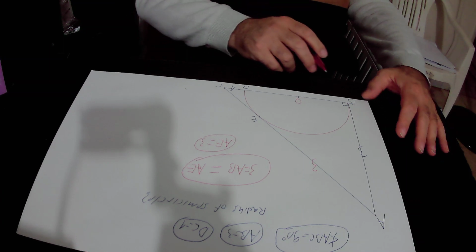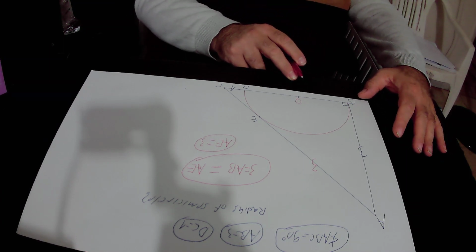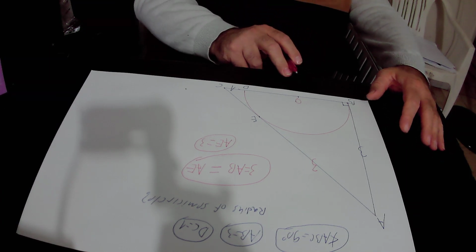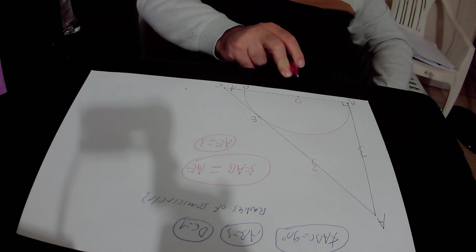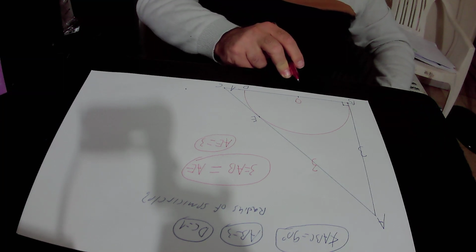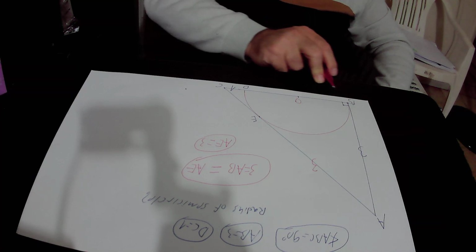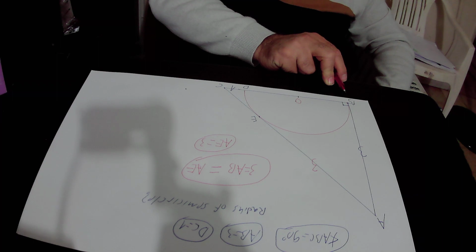Actually, BO is the radius of this red semicircle because line segment BO starts from the center of the semicircle, that is to say from point O, and ends at point B, that is a point on the circle itself.